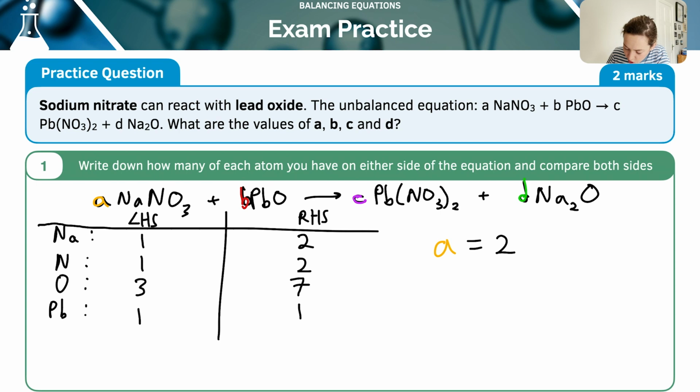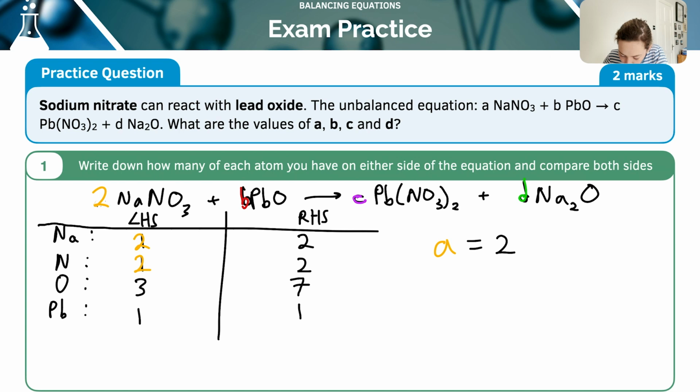So if A equals 2, if I rub that out and put a 2 there, then we've now got a 2 and we've now got a 2. Now that's fantastic. That's those 2 lines fixed. Now, of course, that's going to change the oxygens, so I just need to consider that.